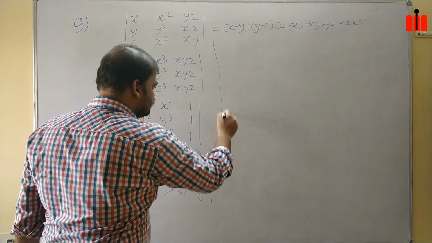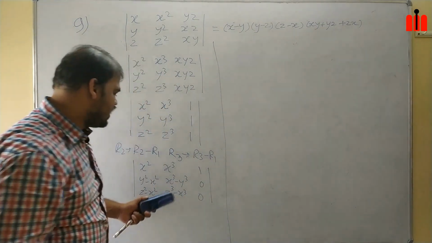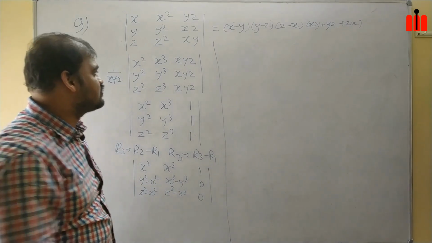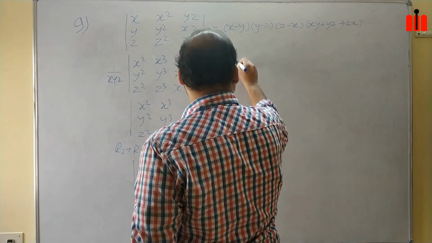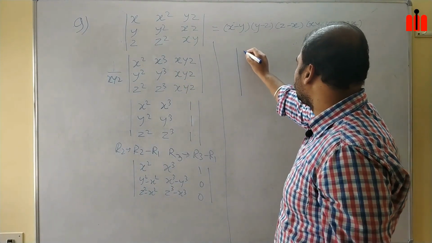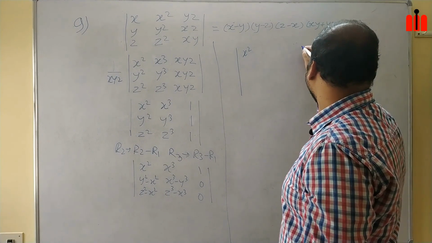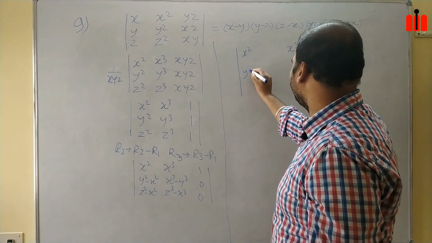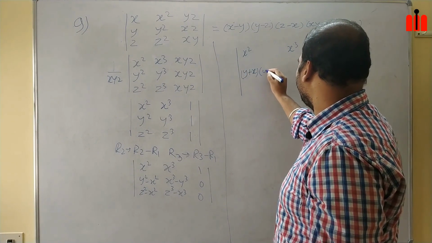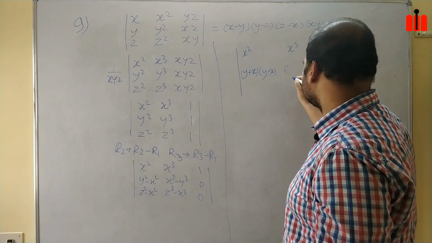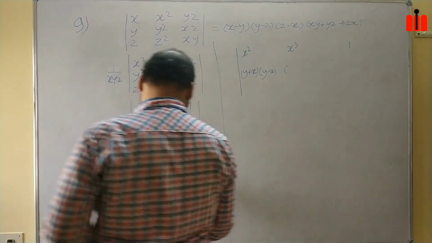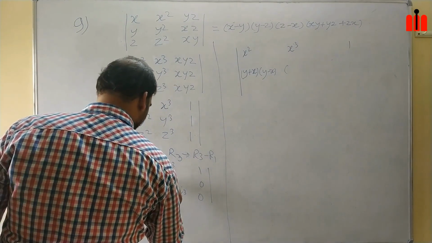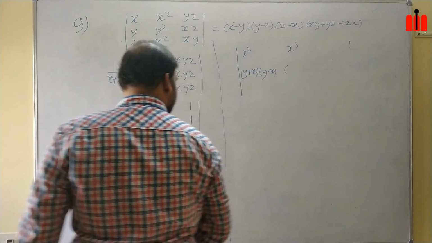Now I will expand y cube minus x cube, z cube minus x cube, and y square minus x square, and z square minus x square. So it will become x square, x cube and 1. Okay, it will be y plus x, y minus x. Here it is, sorry, it will be y cube minus x cube. Okay, here it is y cube minus x cube.